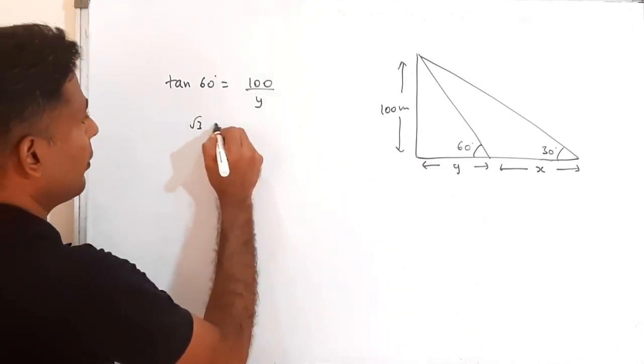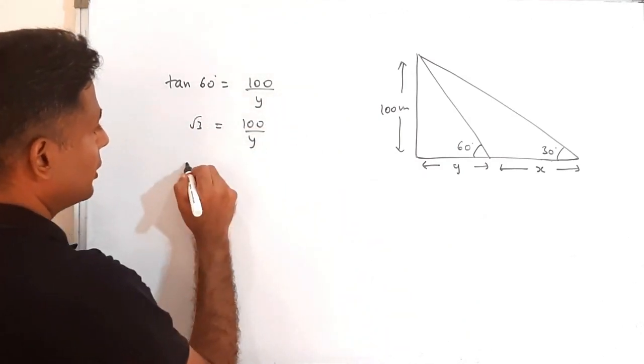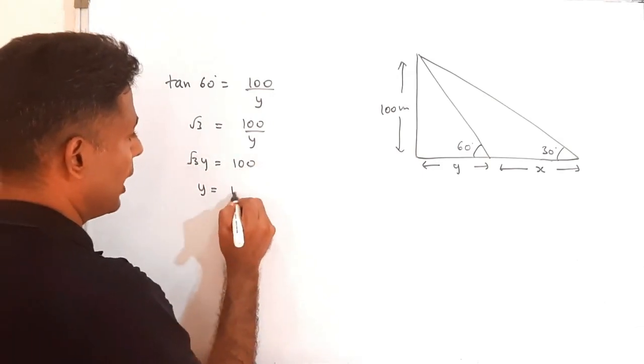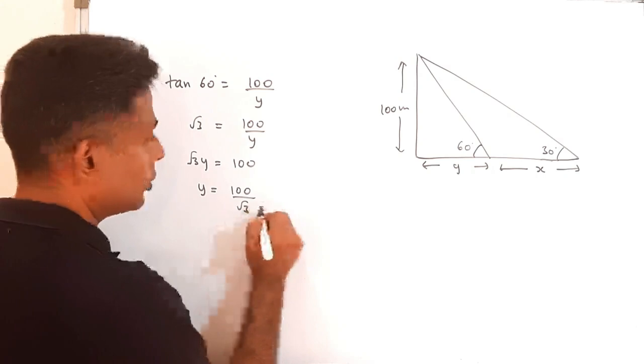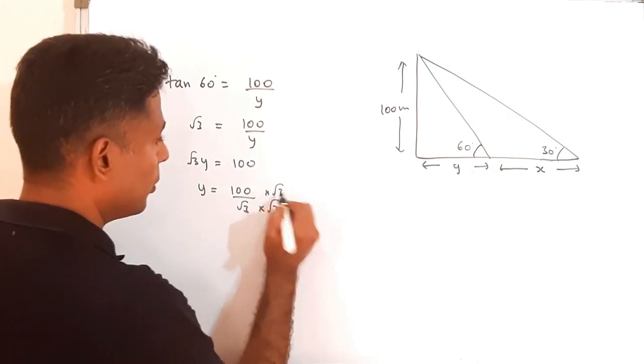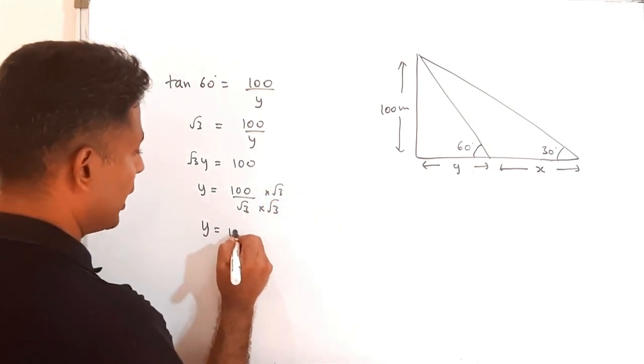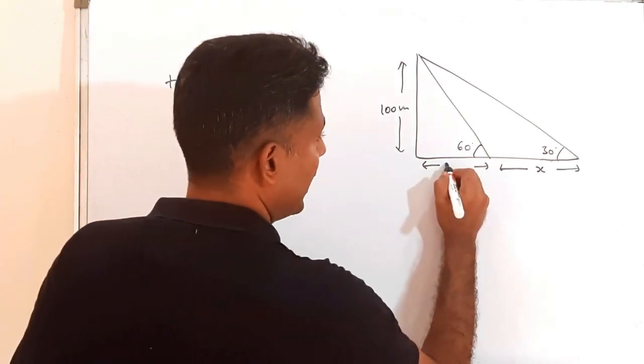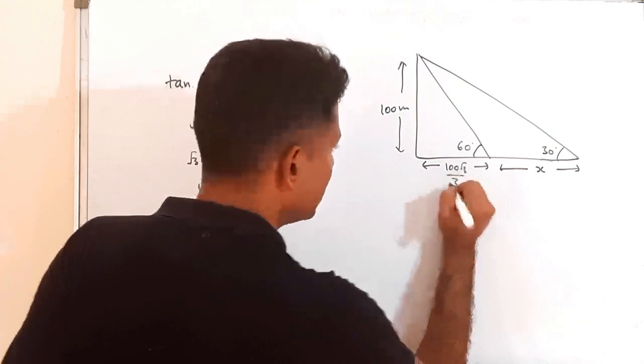So root 3 equals 100 by y. So root 3y equals 100. So y equals 100 by root 3. So into root 3 into root 3. So we get y equal to 100 root 3 by 3 meters.